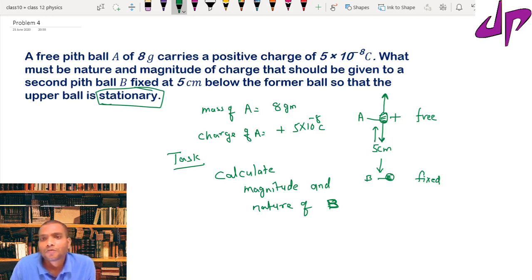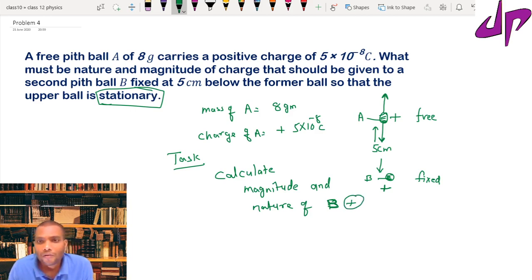Since A is positive, if B is positive, then we will get the upward force. So I can guess the nature of B is positive.